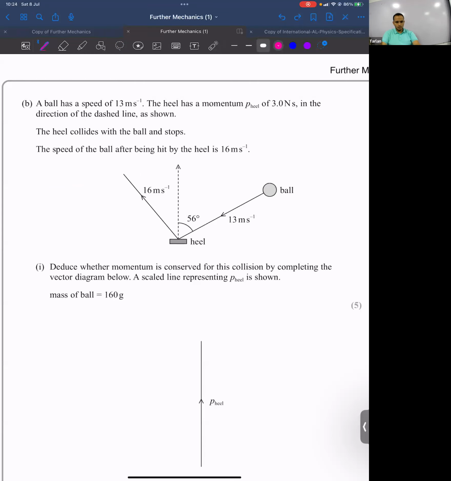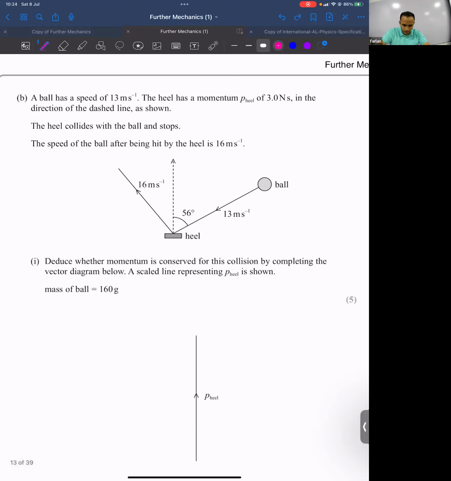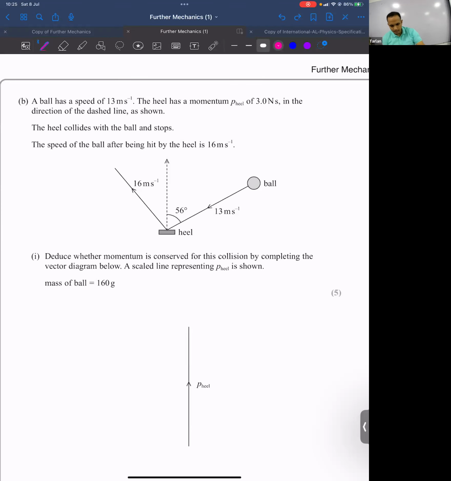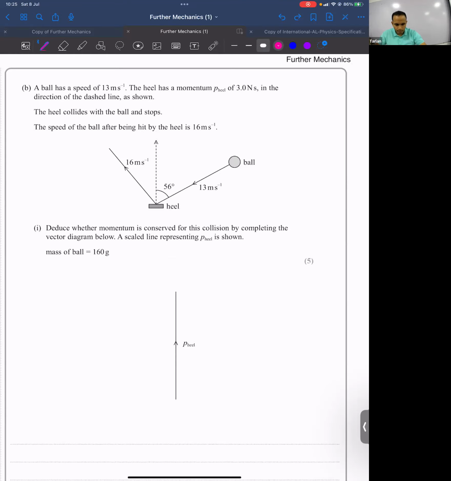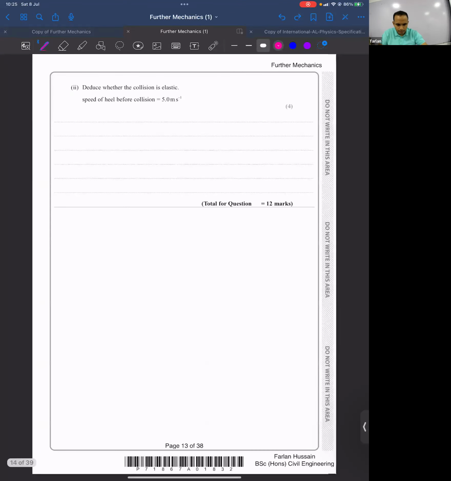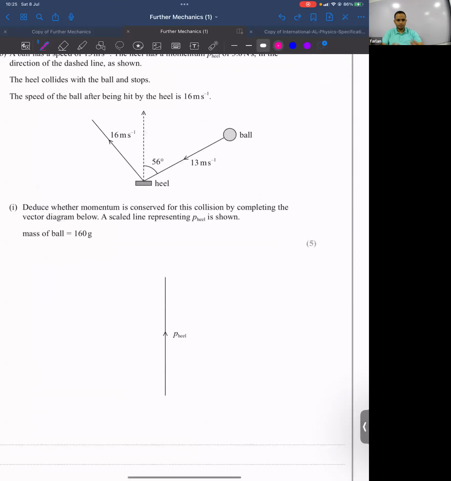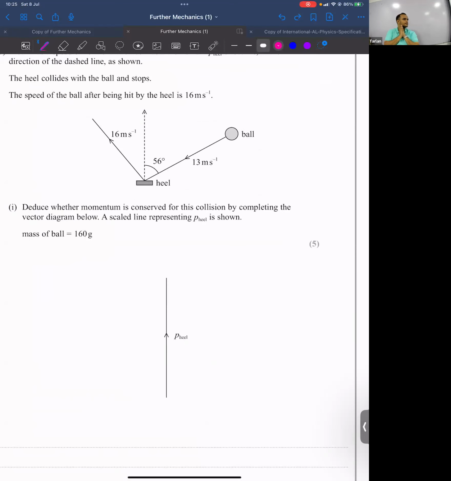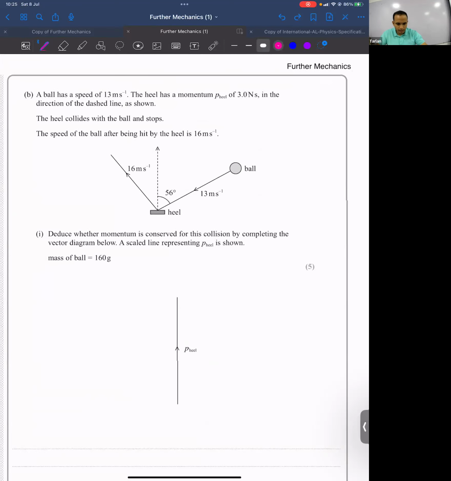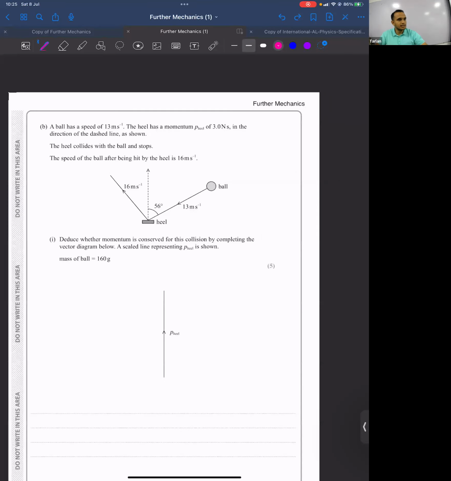Okay. So the question is what? Deduce whether the momentum is conserved for this collision by completing the vector diagram. A scaled line representing the P heel is shown. The mass of the ball is given as 160 grams. Anyone who got an answer? Right. So before the collision, the momentum of the heel is given as 3 Newton seconds. Guys, can someone please measure this length and tell me how much it is? 6 centimeters, is it?